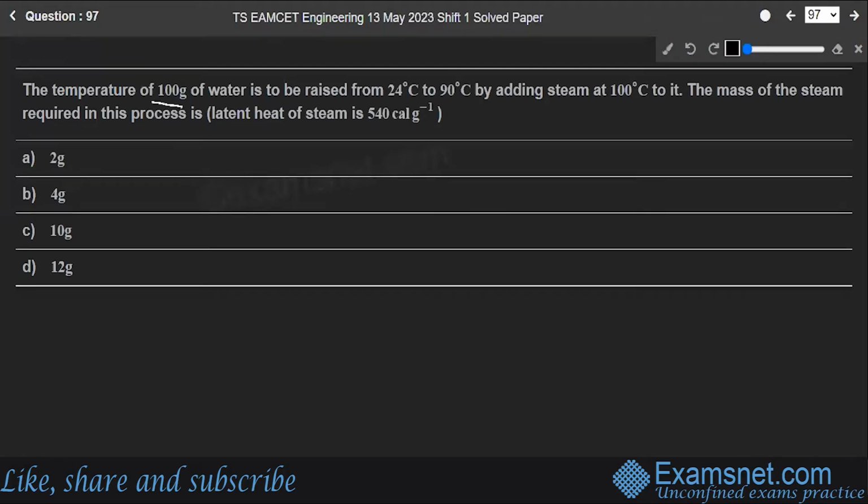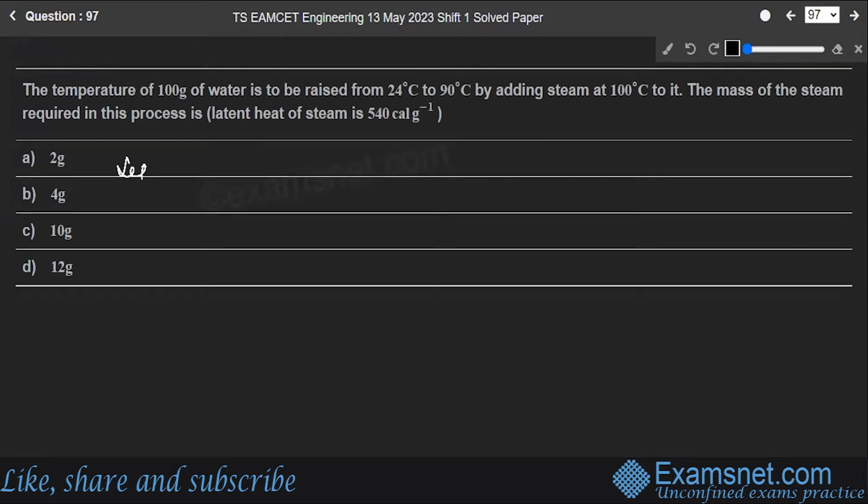The temperature of 100 gram of water is to be raised from 24 degrees Celsius to 90 degrees Celsius by adding steam at 100 degrees Celsius to it. The mass of the steam required in this process is what? We have to take the latent heat of steam as 540 calories per gram.